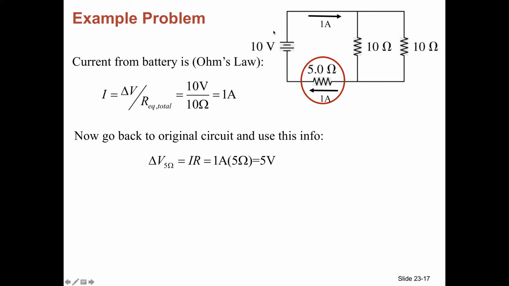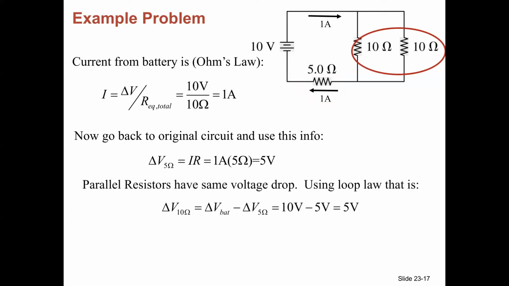If we gain 10 volts from the battery, then we lose 5 volts of potential energy on this resistor, and the moving charges have to lose the other 5 on either of those 10 ohm resistors. So by the loop law, the voltage lost on both of those other resistors has to be the other 5 volts. There's no other place to lose that energy.